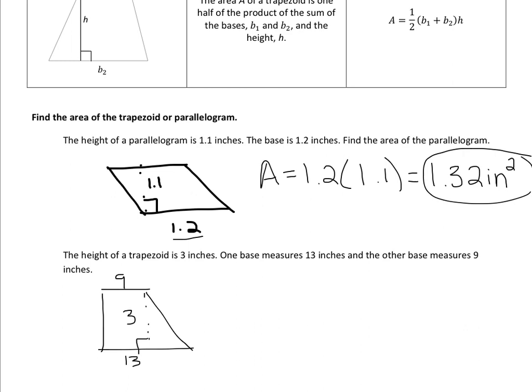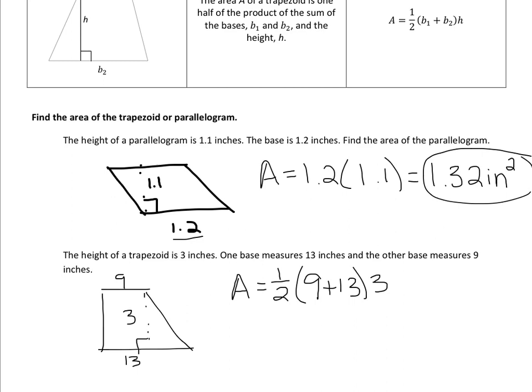We are just going to simply plug in those numbers. To find the area, we're going to take 1/2, and my formula says I need to open a set of parentheses, and inside my parentheses I'm going to add my two bases together. Remember, the bases are your two parallel sides. So my two parallel sides are 9 and 13, and then you're going to multiply that by your height, which we see in our picture is 3.